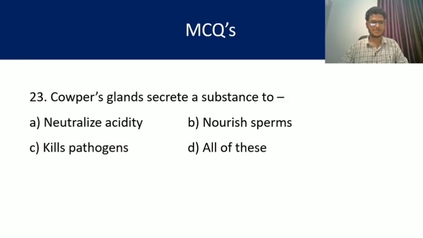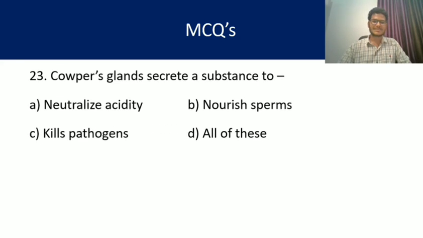Okay. Question number 23. Corpus glands secrete a substance to neutralize acidity, nourish sperms, kill pathogens, all of these. So here corpus gland is only responsible for neutralizing acidity, because acidity is there in the urethra, as urethra is the only way through which sperm and the urine come out.